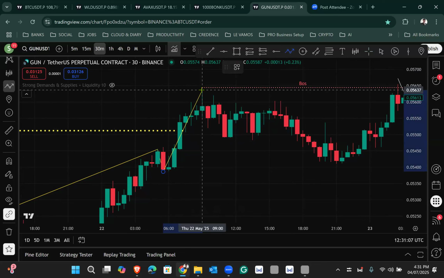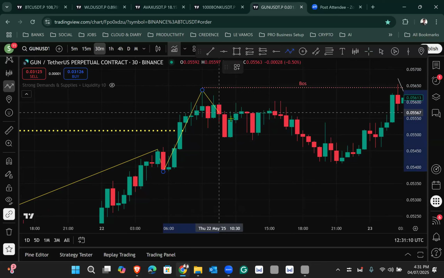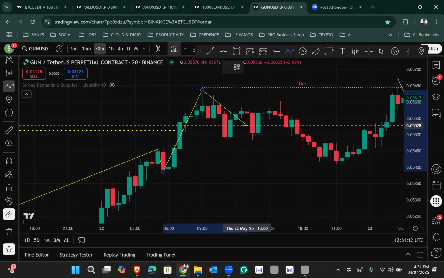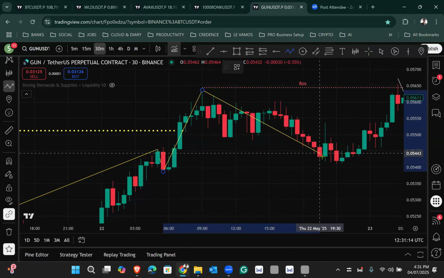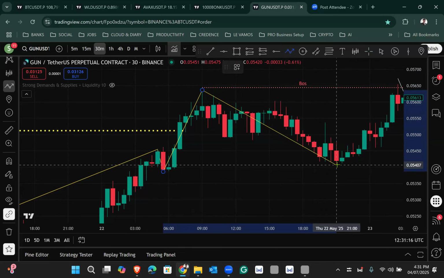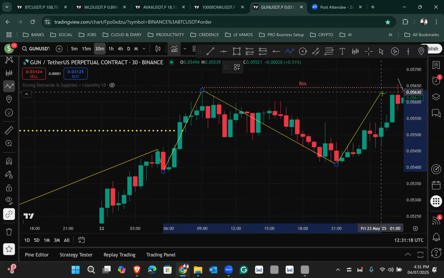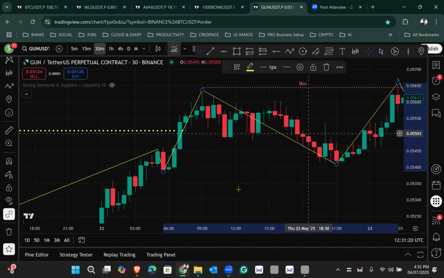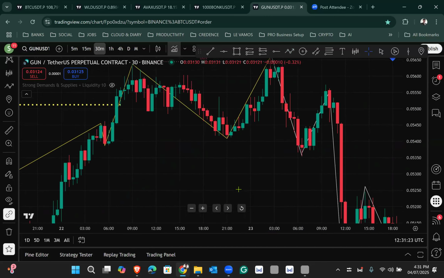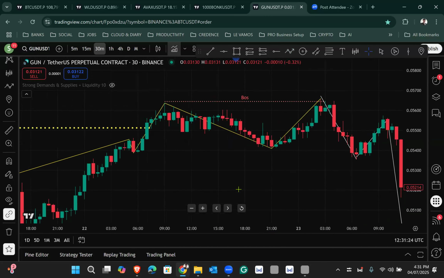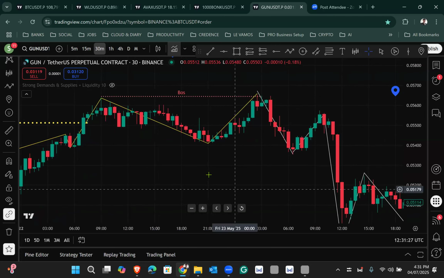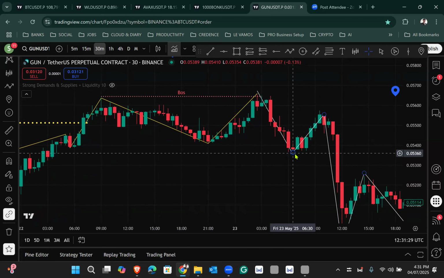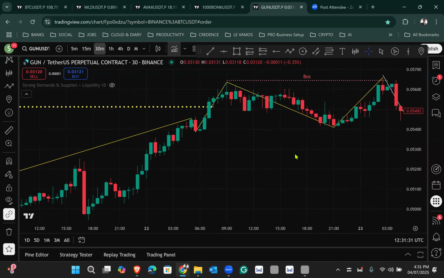Yes, there's another pullback there to the down. I think this is the point. From here, this is the point. Let me see. Now I can say here is the inducement. No, that's in the front.